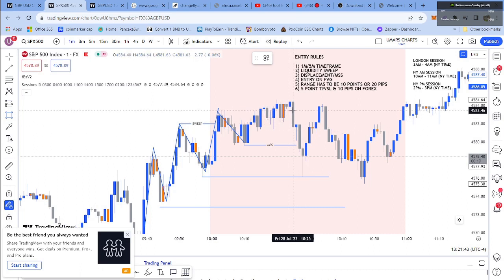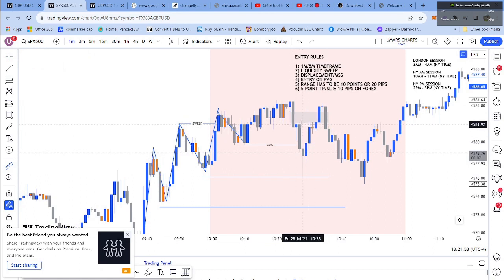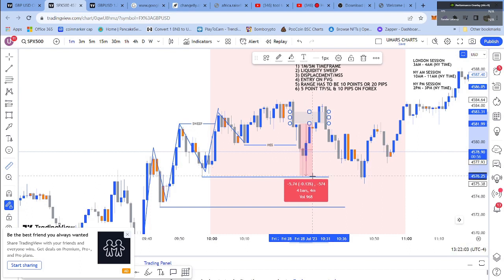As we can see over here, there's a gap after creating the market structure shift, and from that FVG we'll take our ruler tool and measure all the way from there right to the next liquidity sweep and see if the range has been met of 10 handles.